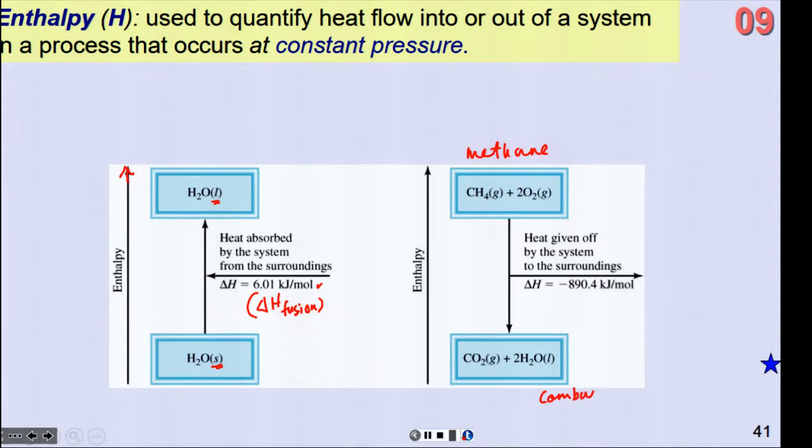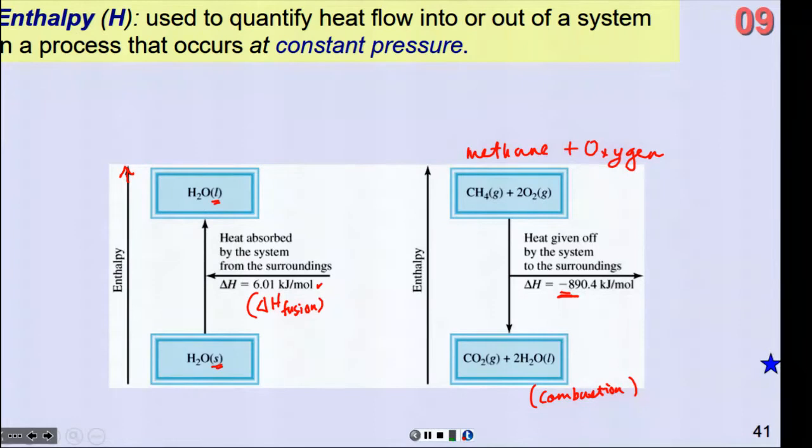Combustion does come up in more examples than we think sometimes. And surprise, surprise, it gives off heat by the system to the surroundings, and the value of the enthalpy change is definitely negative because you're going from the higher energy state of the methane plus oxygen to the products, CO2 and water, and that makes sense in that process.